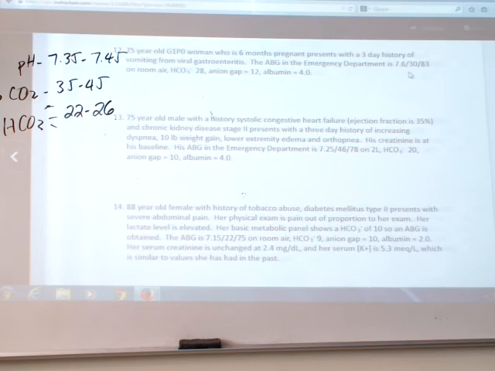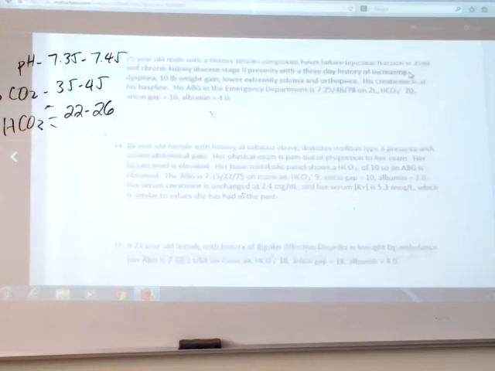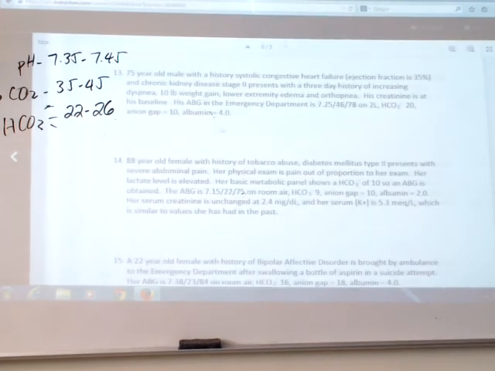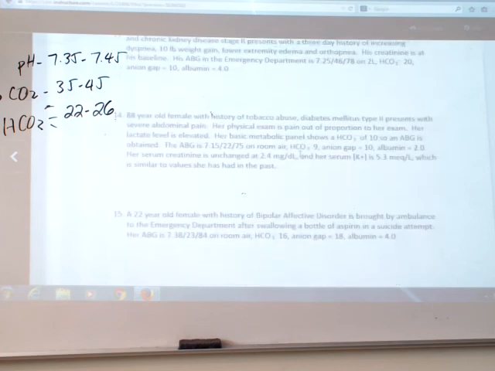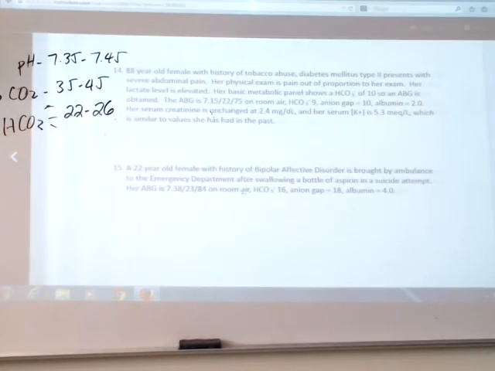It's going down and the other is going up. Okay. How about this one? Acidosis. What's the cause? Congestive heart failure, renal failure. Metabolic. So metabolic acidosis. Compensating. How about this one?